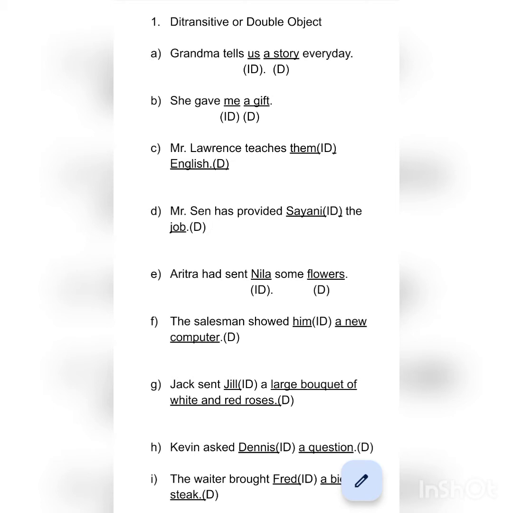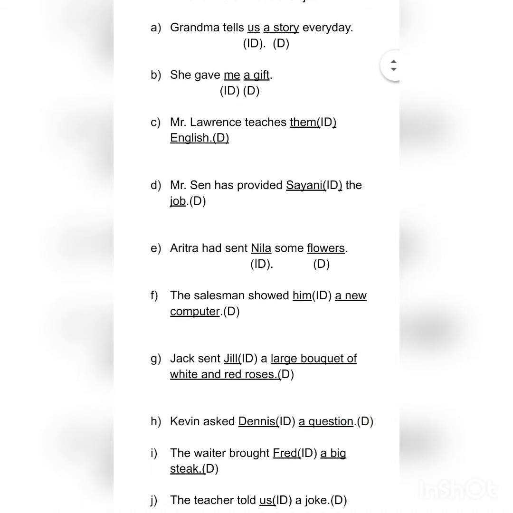Like this, see, for the first example, first sentence: grandma tells us a story every day, right? So what does grandma tell us every day? A story, right? So a story is the direct object in that sentence. For every sentence I have already marked it out: D for direct object and id for indirect object, right?